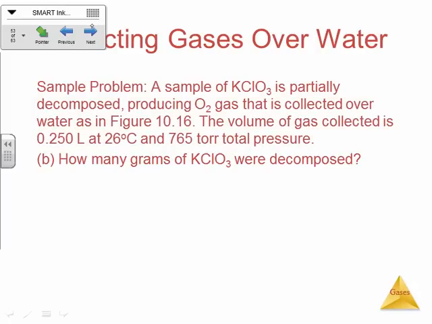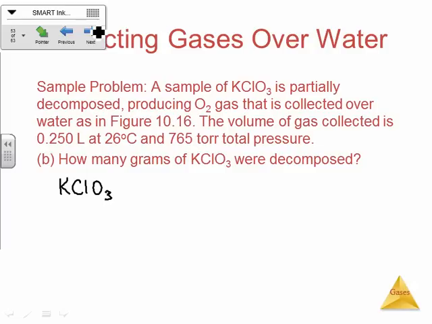Now the next question here: how many grams of KClO3 were decomposed? Now they're asking a stoichiometry question, and in order to do this, we have to actually have a balanced chemical equation, which they have not given us. KClO3 is decomposing, and this is reaching way back to the beginning of the year when we talked about how to write chemical equations.